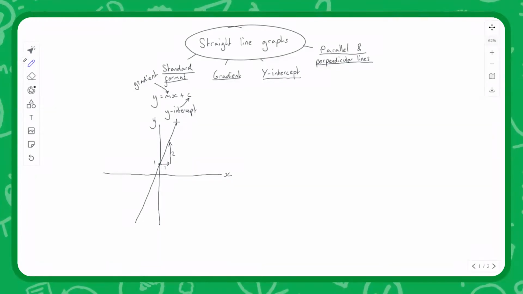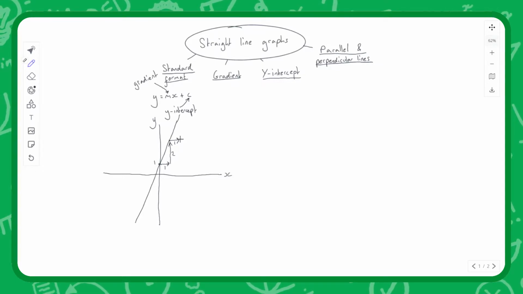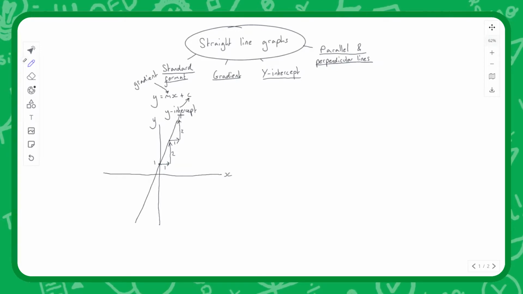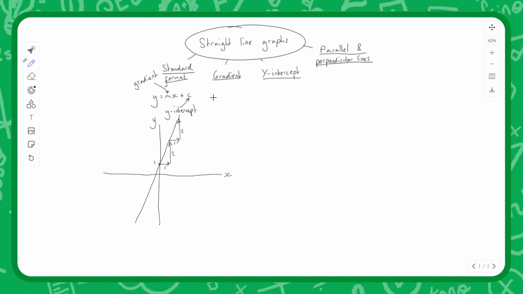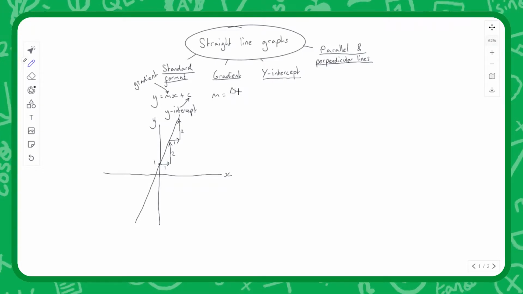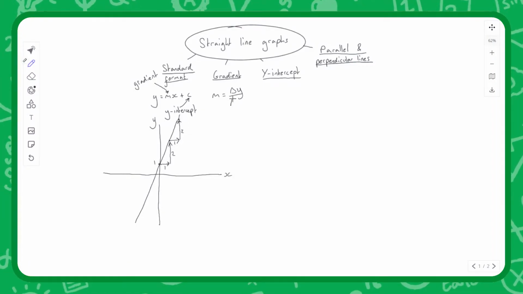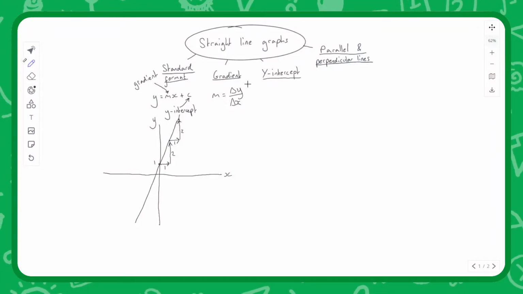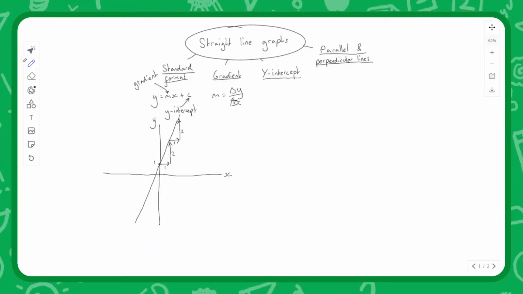And again, I can do the same thing again, right? I can move along 1 in the x-axis, and again, my equation tells me I have to move up in the y direction by 2. And so that's what m is, right? M is telling me how much I move in my y direction, given that I move some distance in the x direction. This is easiest to understand if we remember that the gradient is change in y over change in x.